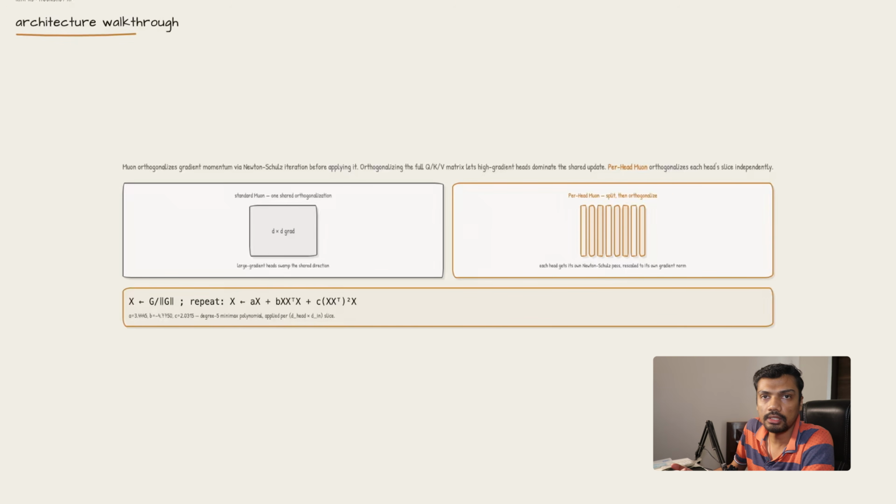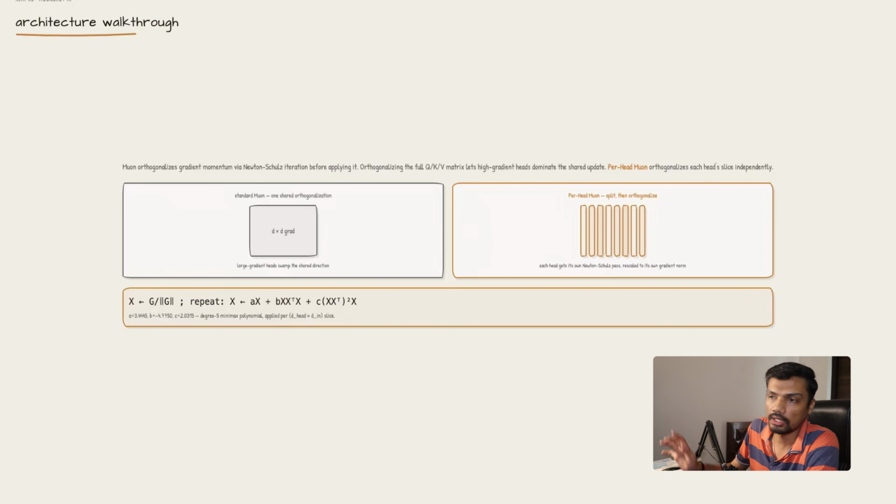One analogy: imagine a classroom where 16 students, in this case heads, take a group test, and standard Muon assigns one overall group grade adjustment based on the class average. If student 1 shouted loudest, their work dominates the grade, while quiet student 16 gets ignored.